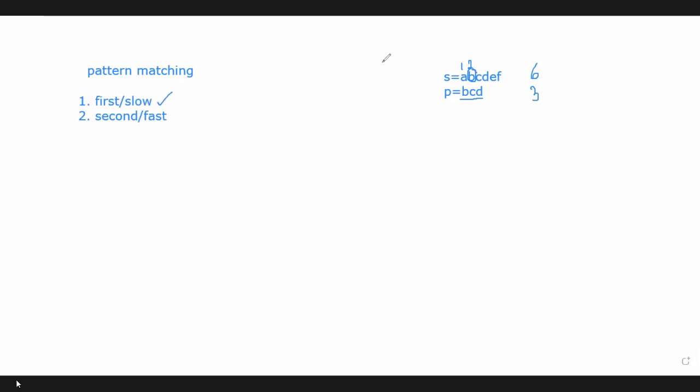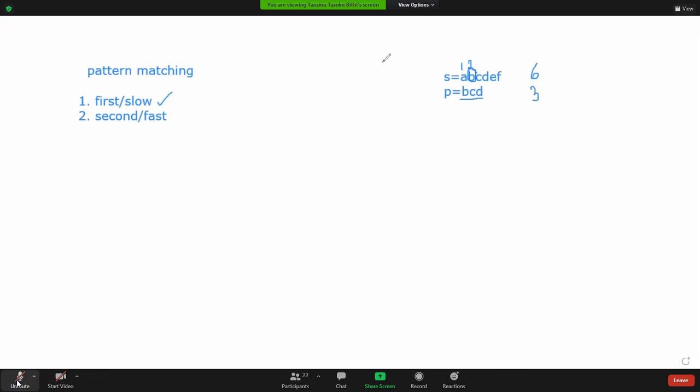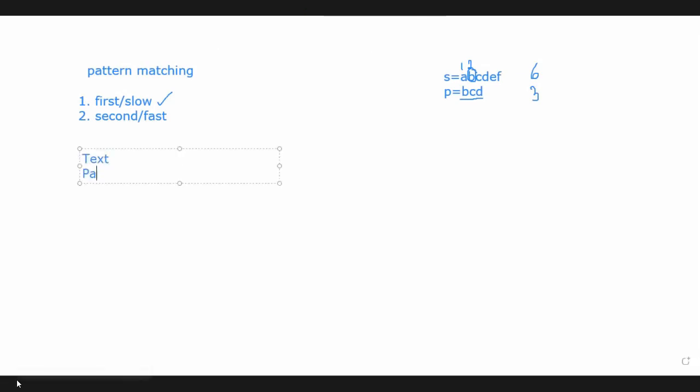In pattern matching algorithms, how many things do we need to have? Three things, right? The text and another is the pattern. When a text and pattern are given, we will apply the first pattern matching algorithm.